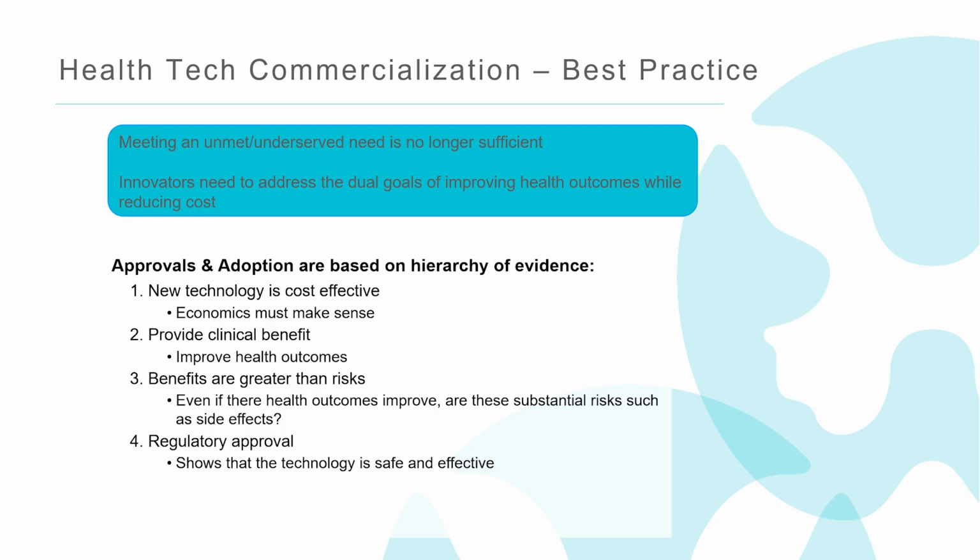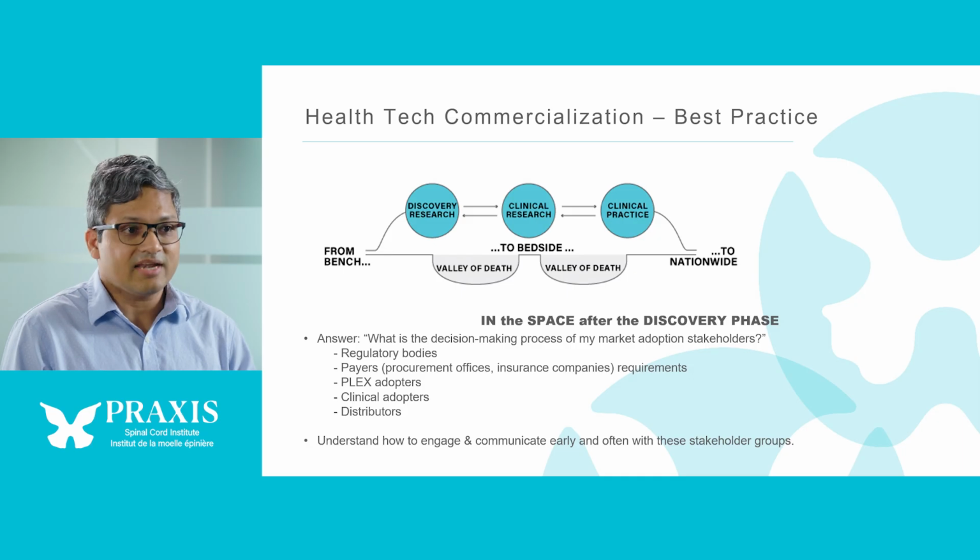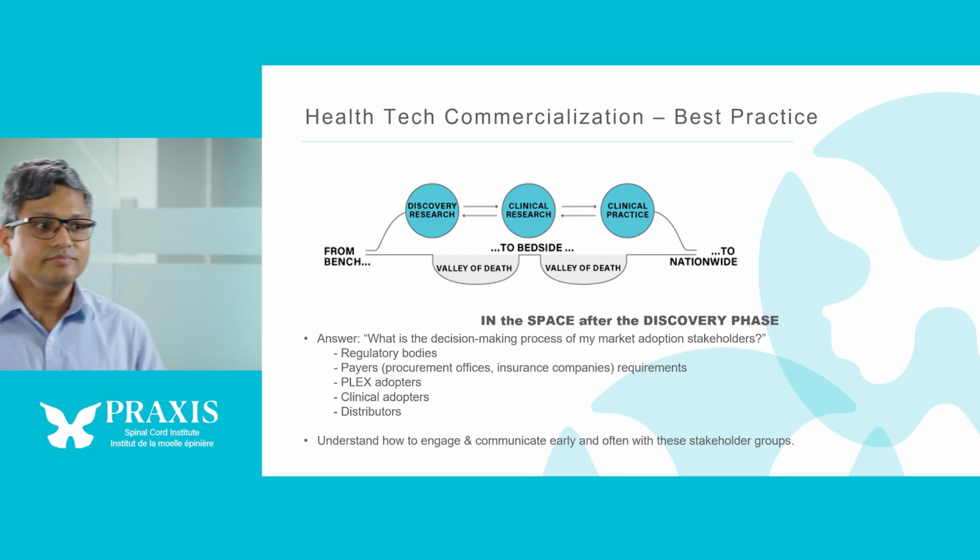Even if there are some risks, you need to show your new technology or innovation is improving the health outcomes by reducing the risk of substantial side effects. And then finally go for the regulatory approval, where you need to show that the technology that you are innovating is safe and effective at the same time.